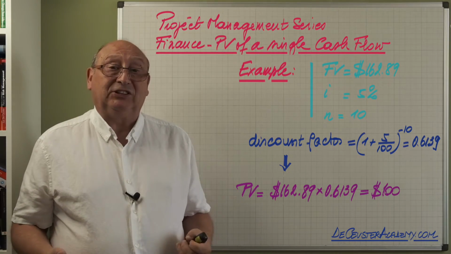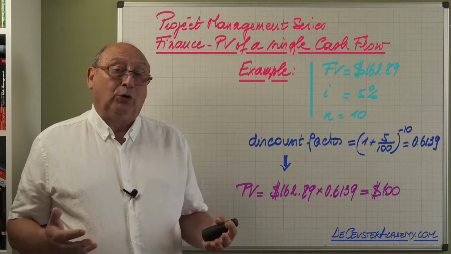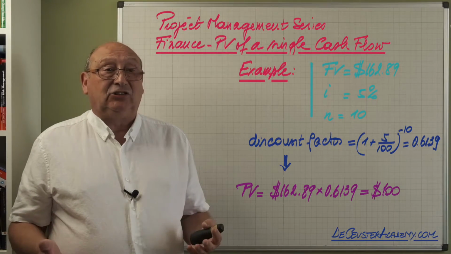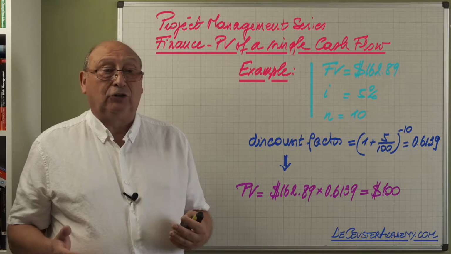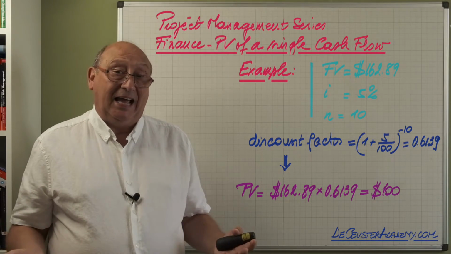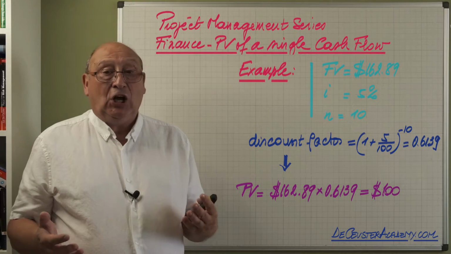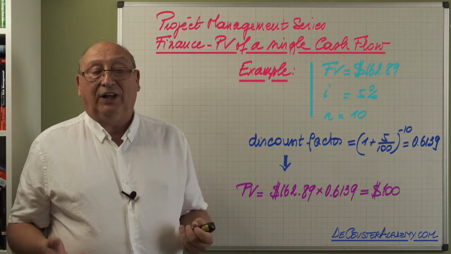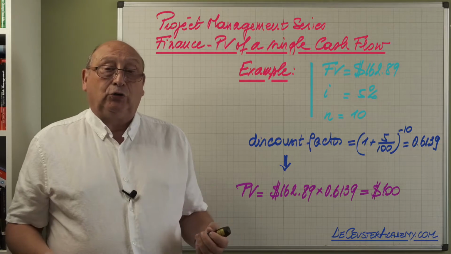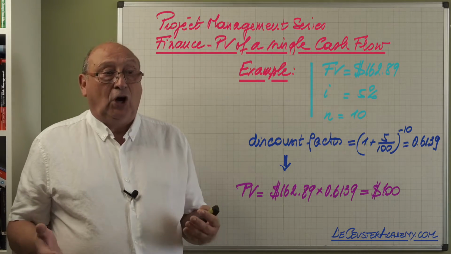What will be the present value? The discount factor is 1 plus the interest divided by 100 to the power minus n, minus 10 in this case, and we see that the discount factor is 0.6139.